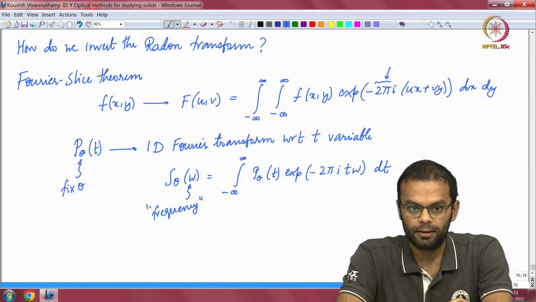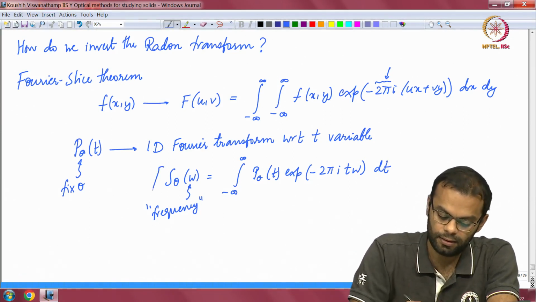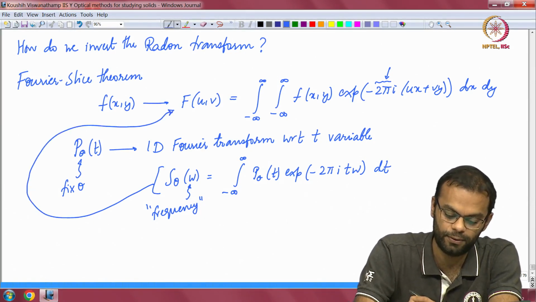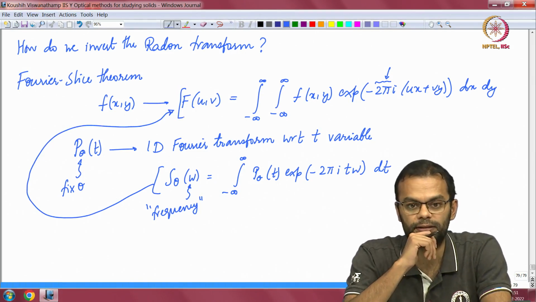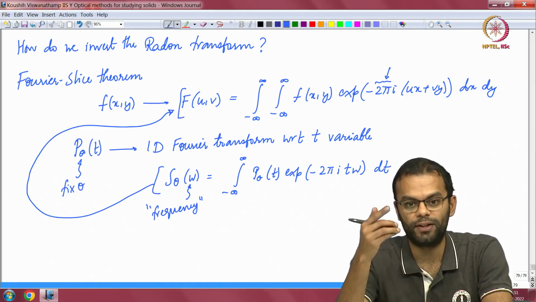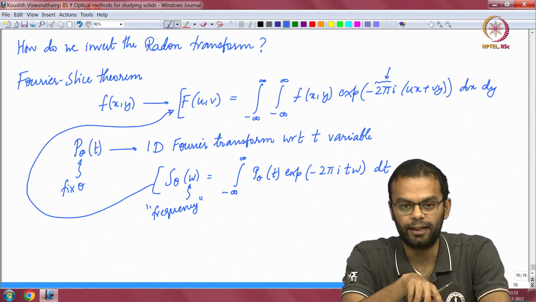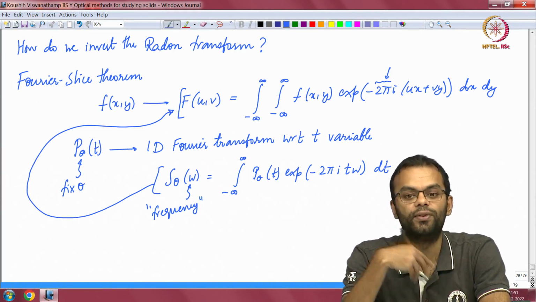Okay. Now, this Fourier slice theorem basically relates this 1D Fourier transform to this, okay. So, the Fourier transform of the actual Radon transform along a certain direction is directly related to the 2D Fourier transform of the actual function, right.